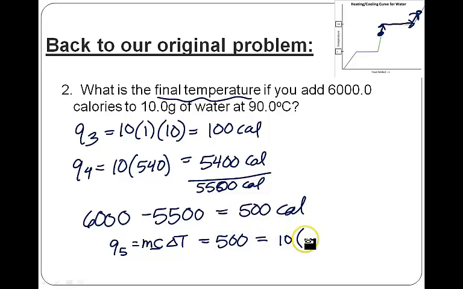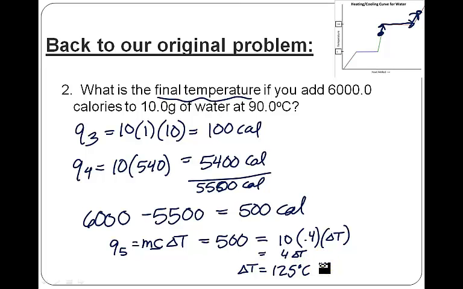The specific heat at this temperature is 0.4. And we're going to find how much our temperature will change. So let's see. 500 equals 4 times what we're solving for. So 500 divided by 4 should turn out to be a delta T of 125 degrees Celsius.